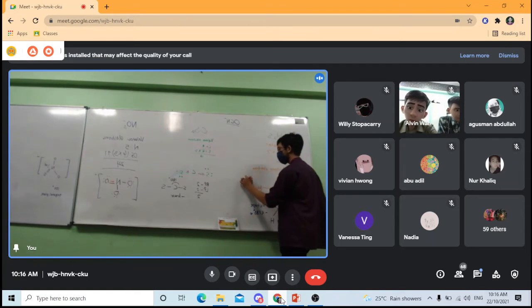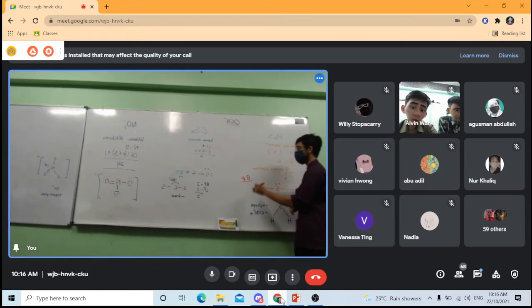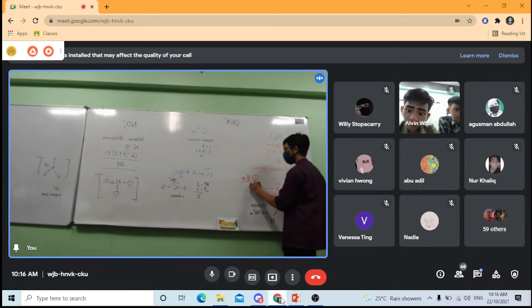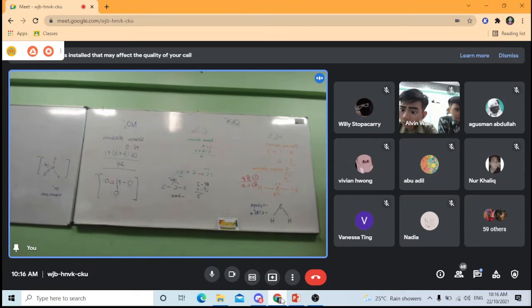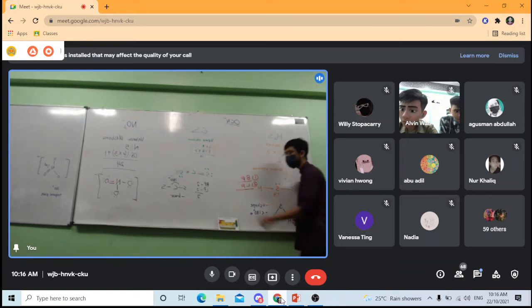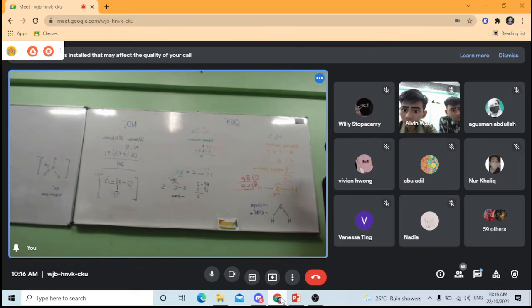Number one is bonding pair. Okay. Another one is lone pair. Okay. These two will influence the shape. The total ni akan influence dia punya original shape. Lepas original shape, baru dah tengok apa yang jadi kalau dia ada lone pairs.